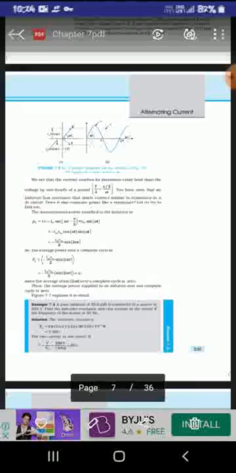Next is the phasor diagram of the circuit and the graph of V and I versus Wt. Now T/4 is equal to pi/2 by W. Now the power PL is equal to iV, which is Im sin(Wt minus pi/2) into Vm sin Wt, and so Im Vm cos Wt sin Wt.